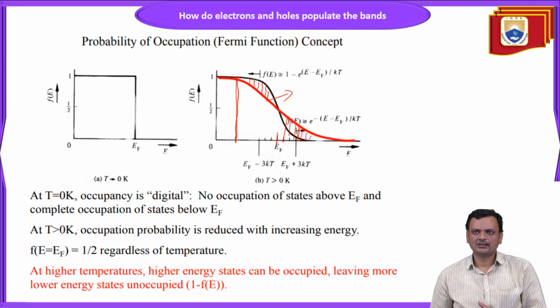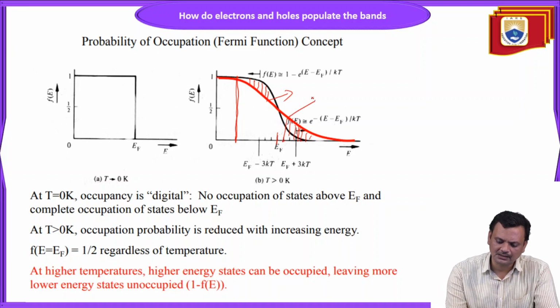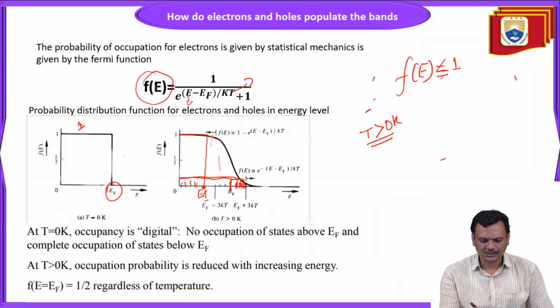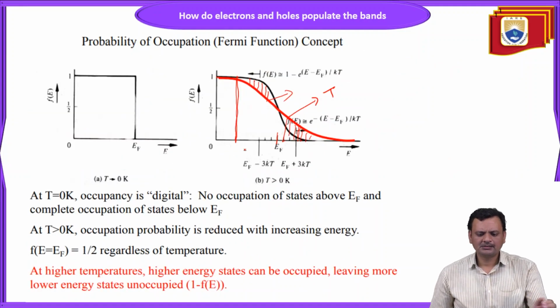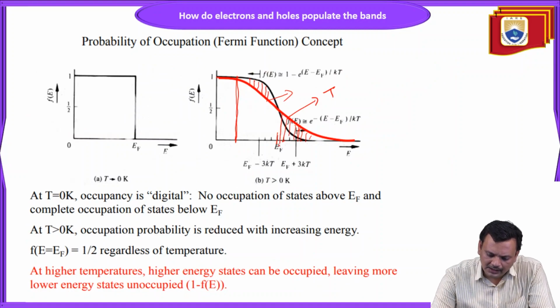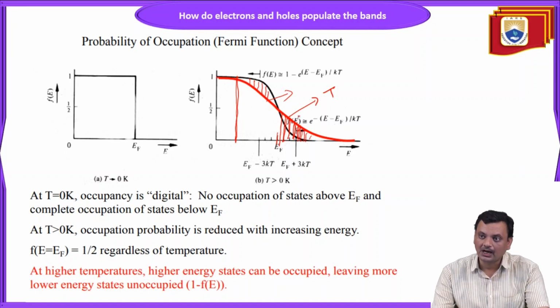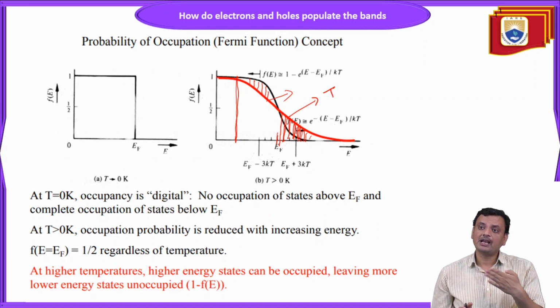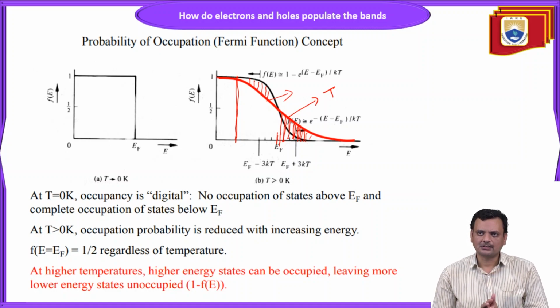This red line represents a higher temperature compared to the previous case. If you increase the temperature, the chance of occupation of charge carriers in the conduction band region will increase. Actually, this is the probability. Whether it will happen or not is another thing, but there is a probability. That is my concern.